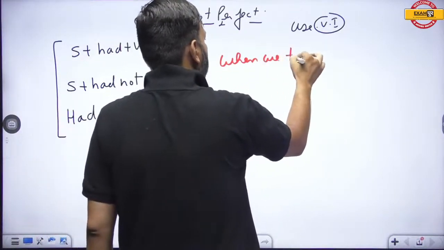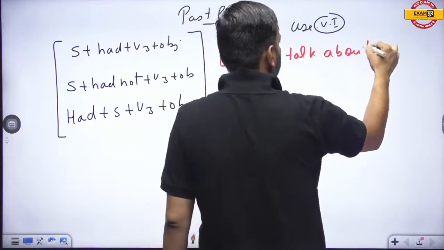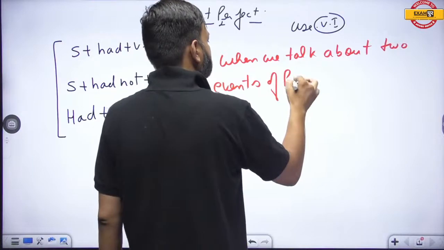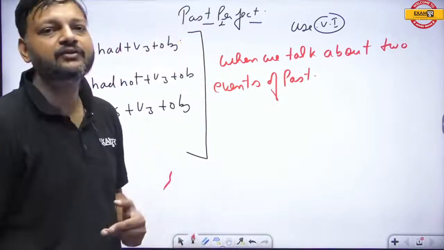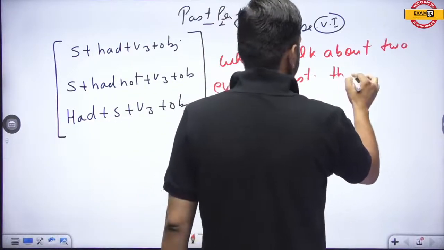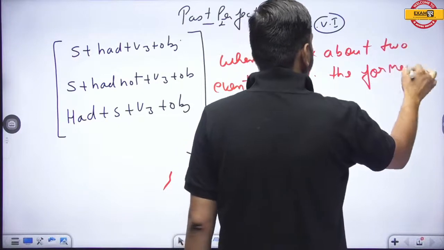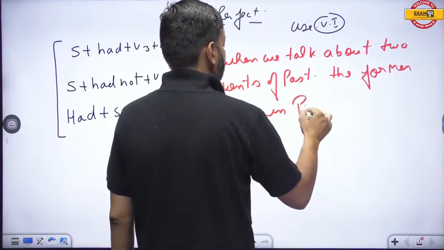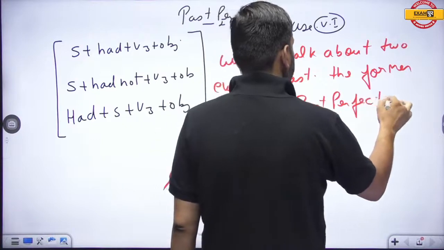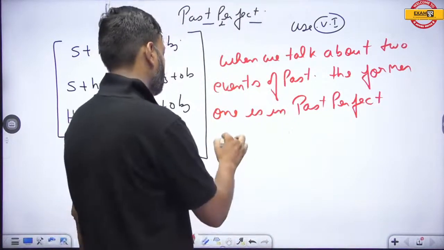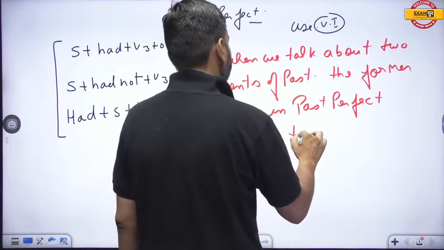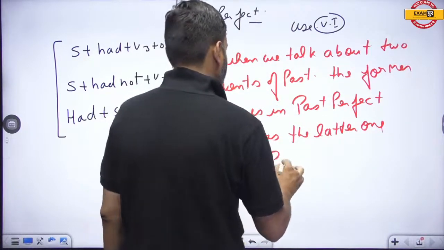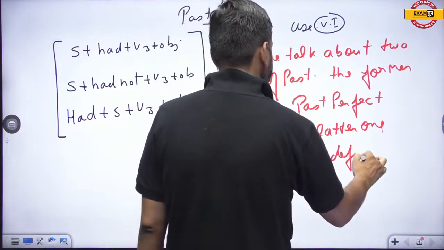When we talk about two events of past, the former one is in past perfect, whereas the latter one is in past indefinite tense.